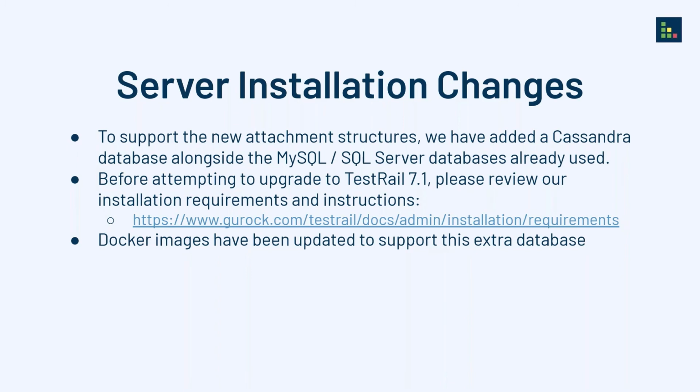Docker images will also be updated to support this extra database. So for TestRail server, we are looking at a release in May, the second weekend of May, so approximately May 14th. We are still working on deploying this fully out to all of our cloud customers. So the TestRail server release will come after the full cloud deployment is done.